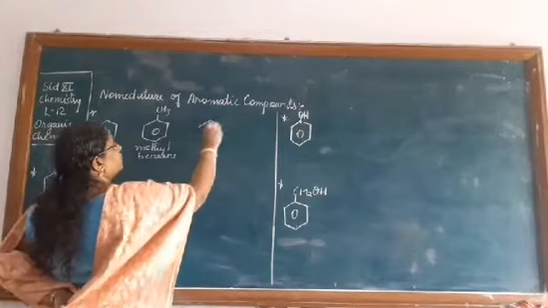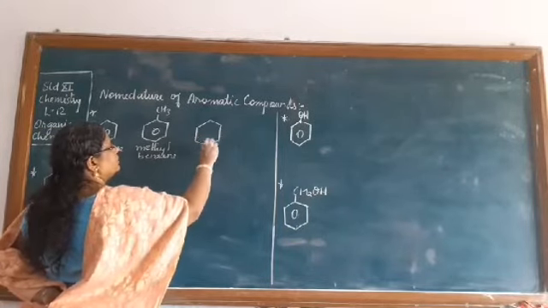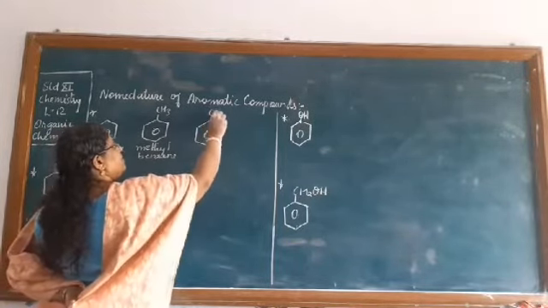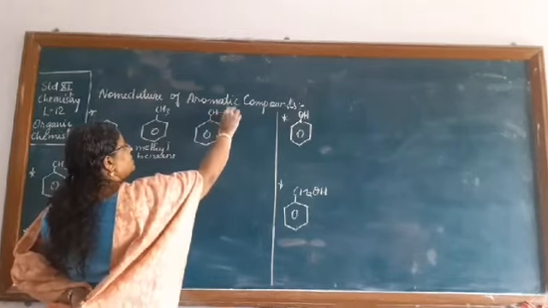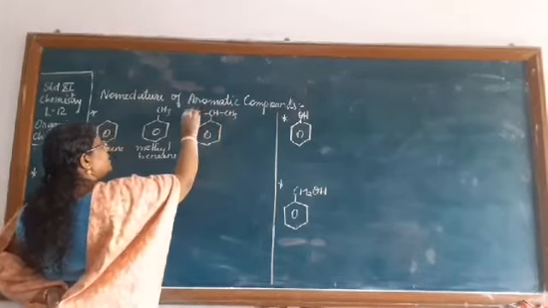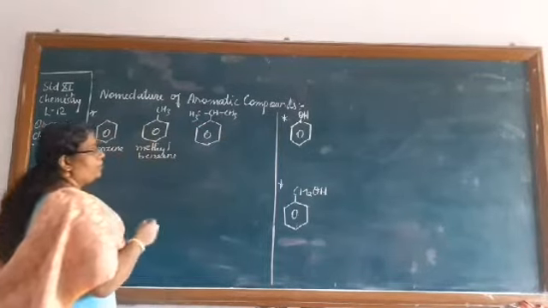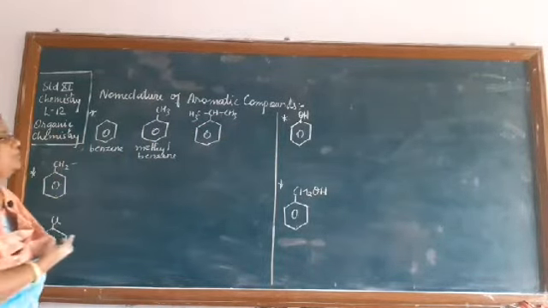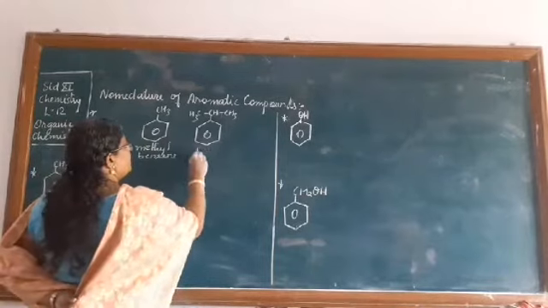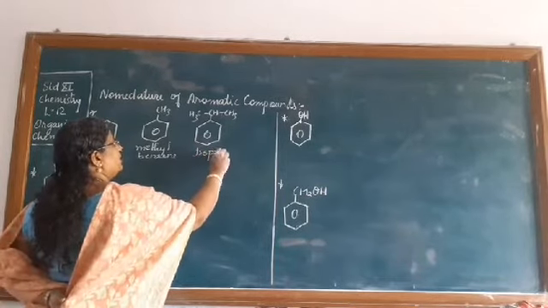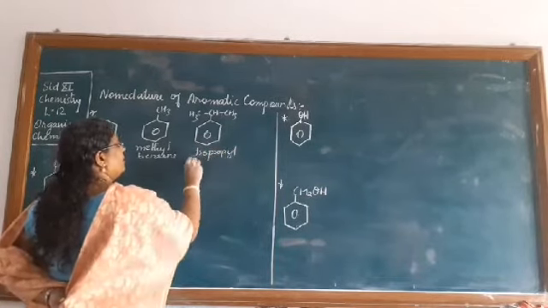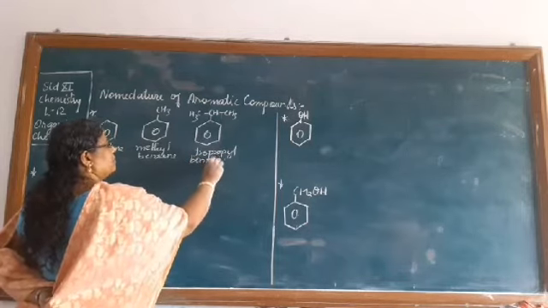If I have a benzene ring with CH, sorry, here CH, here CH3, there are three groups here. It is a V or a T type of group, so this will be called isopropyl benzene.